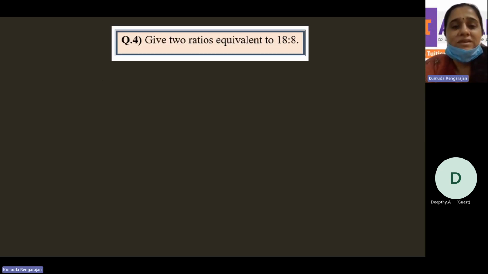Yeah, there's the next question. Give two ratios equivalent to 18:8.